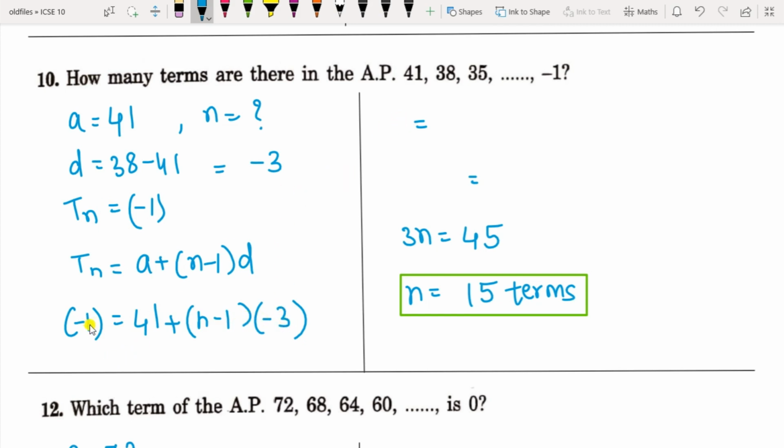So you can write minus 1 equal to 41 minus 3n plus 3. Therefore minus 1 minus 44 equal to minus 3n. So 3n equal to 45, and n equals 15 terms. So this AP consists of 15 terms whose last term is minus 1.